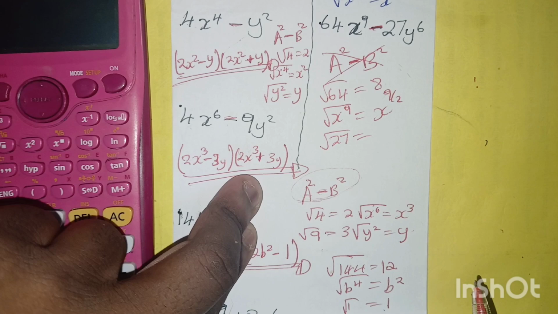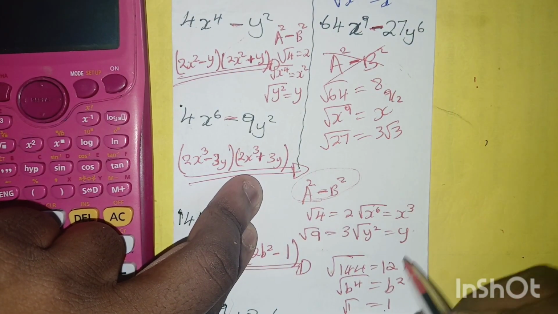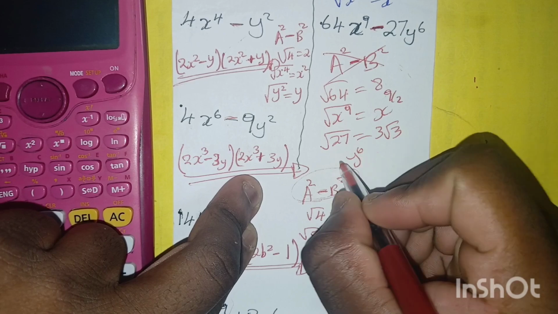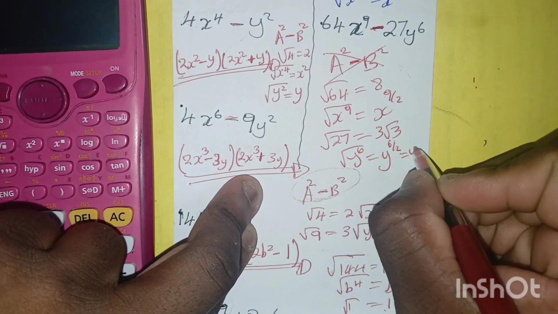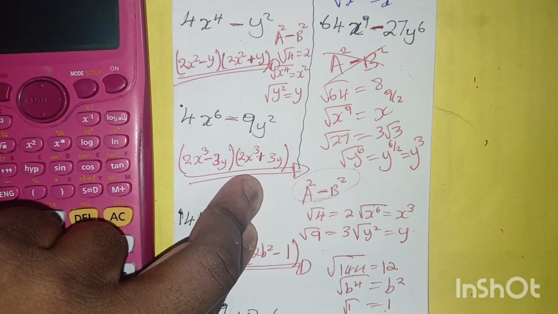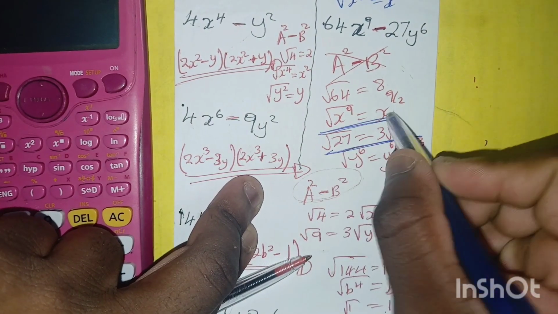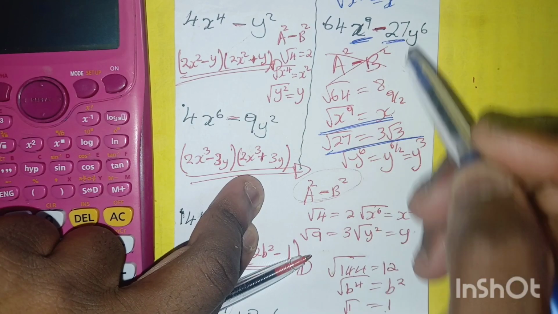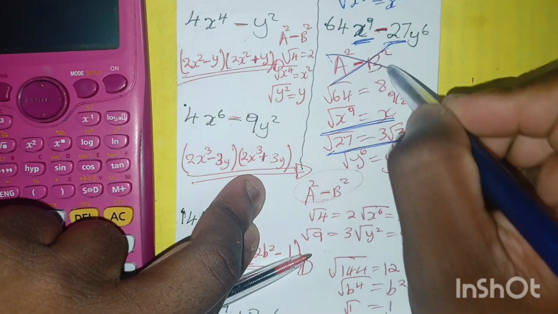You will just get 3 over 3. So you can take the square root of this one, which gives you y3. Because you cannot take the square root of this and that, it means you cannot apply this.